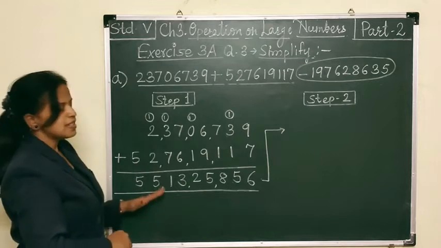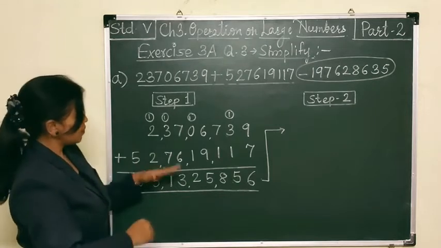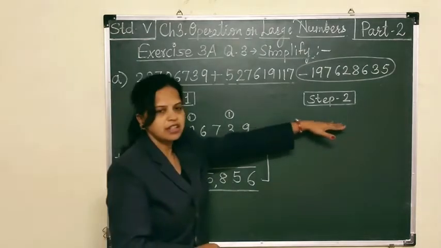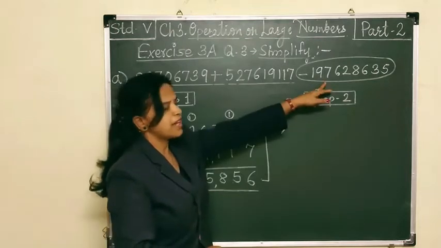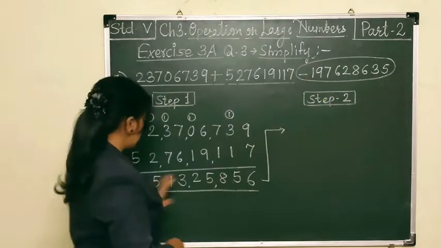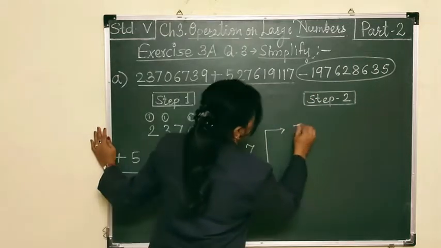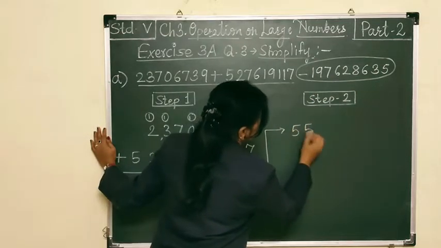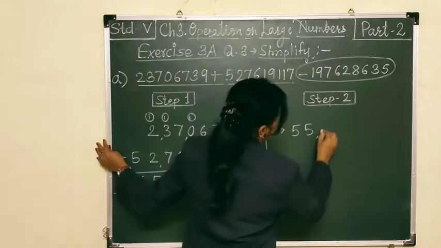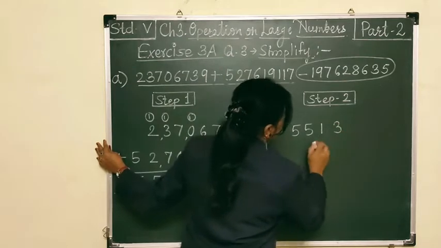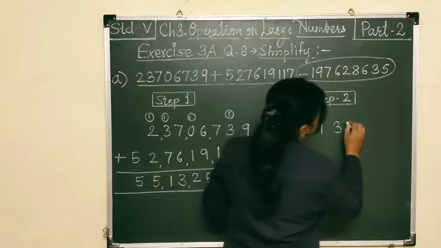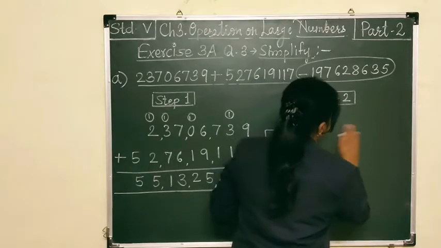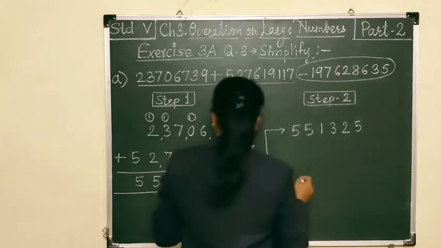Now whatever sum we got here, you have to take that sum here for the next step, and from that sum we have to subtract the third number. So see here, 55 crore 13 lakh 25,856.